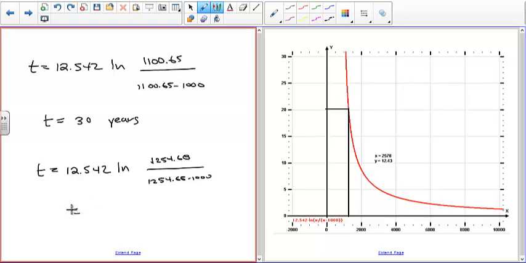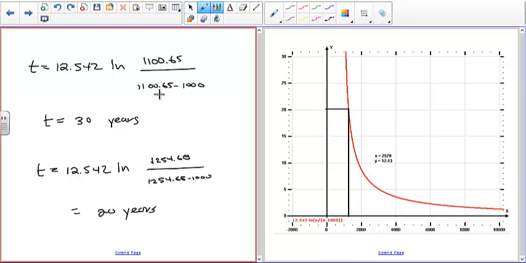I can just reuse it in this particular kind of calculator. So 1254.68, push the enter button, and I get 20 years.